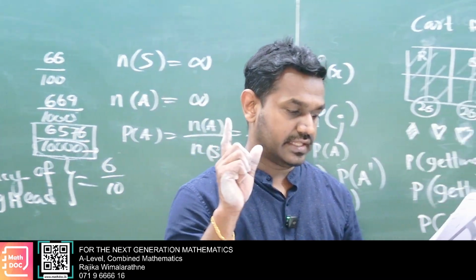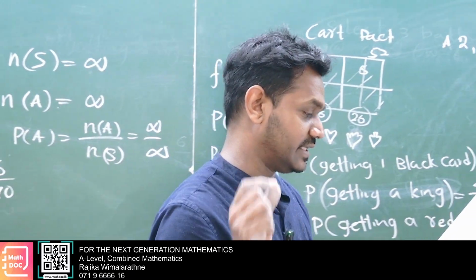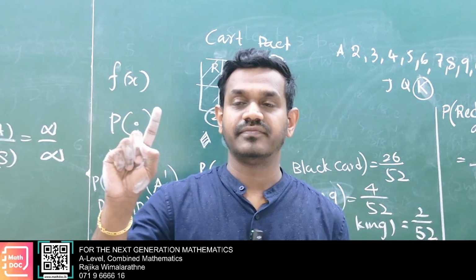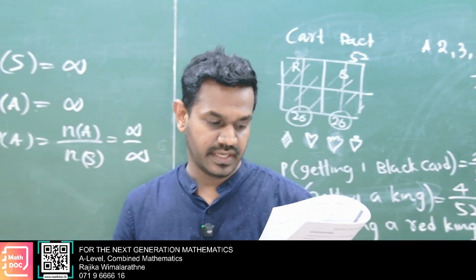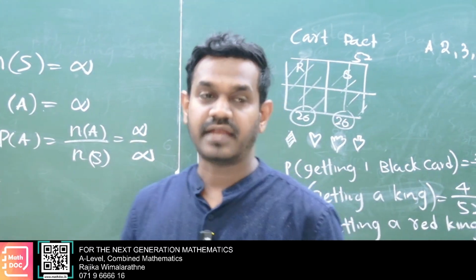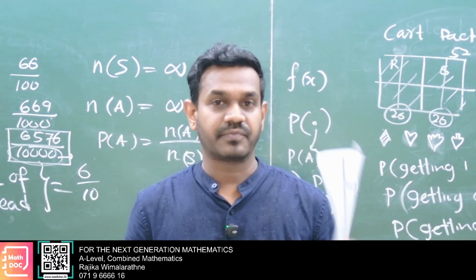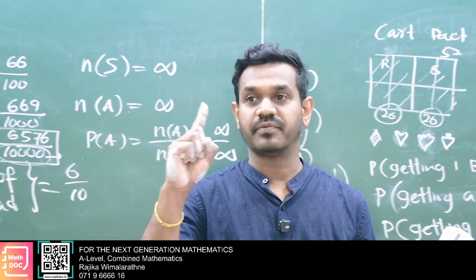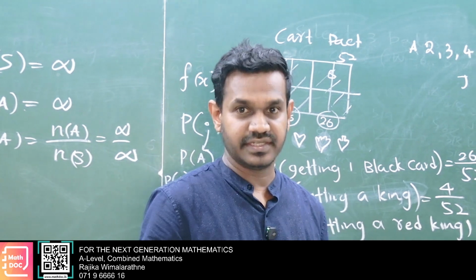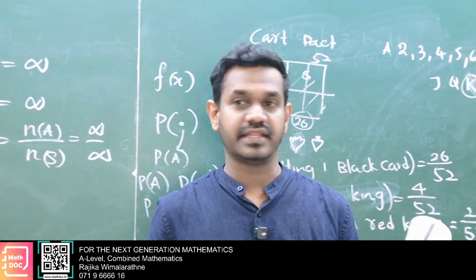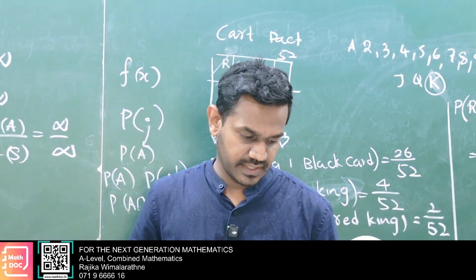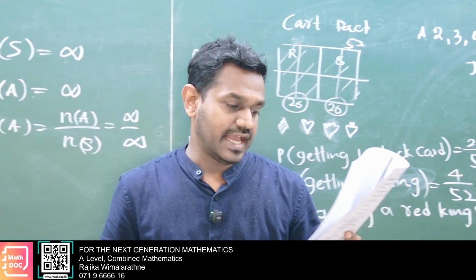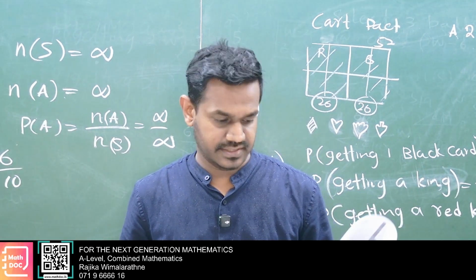So that probability function has special properties. First axiom, non-negativity. That means you have to think the probability is always positive, greater than or equal to 0. Then second axiom, normalization.